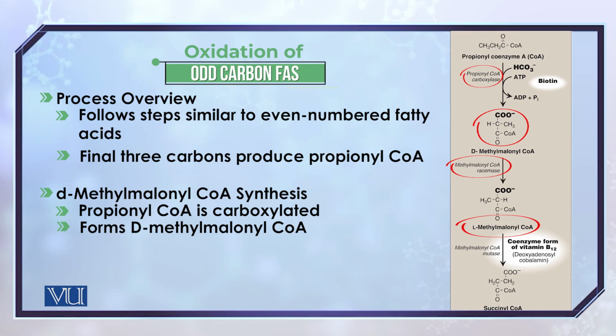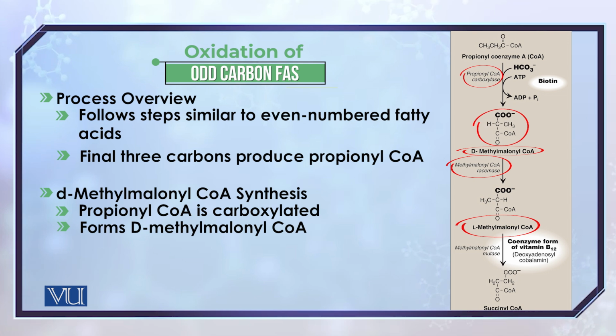This racemase enzyme changes the configuration of this compound. First you get the D-methylmalonyl CoA from the carboxylase activity, and then through the activity of the racemase enzyme you get the L-methylmalonyl CoA. So only the configuration is changed.